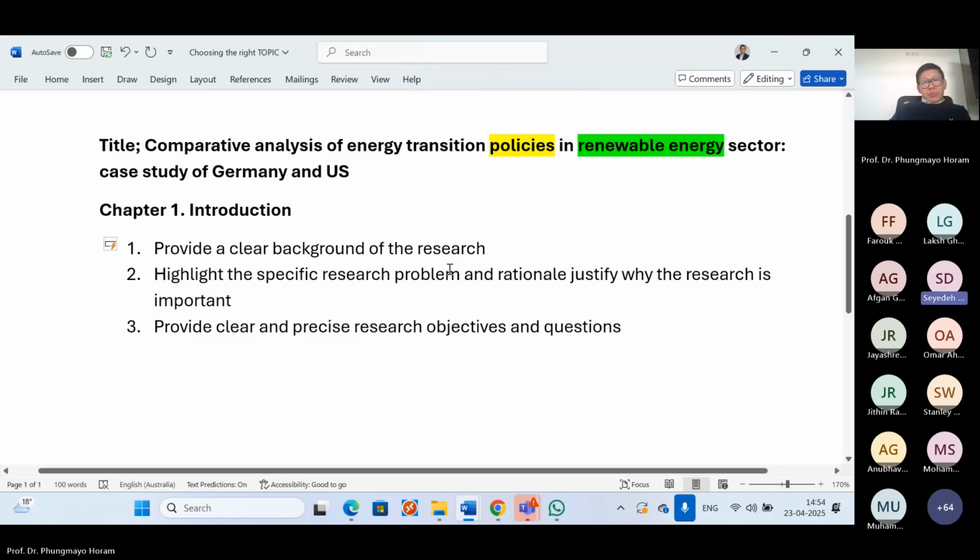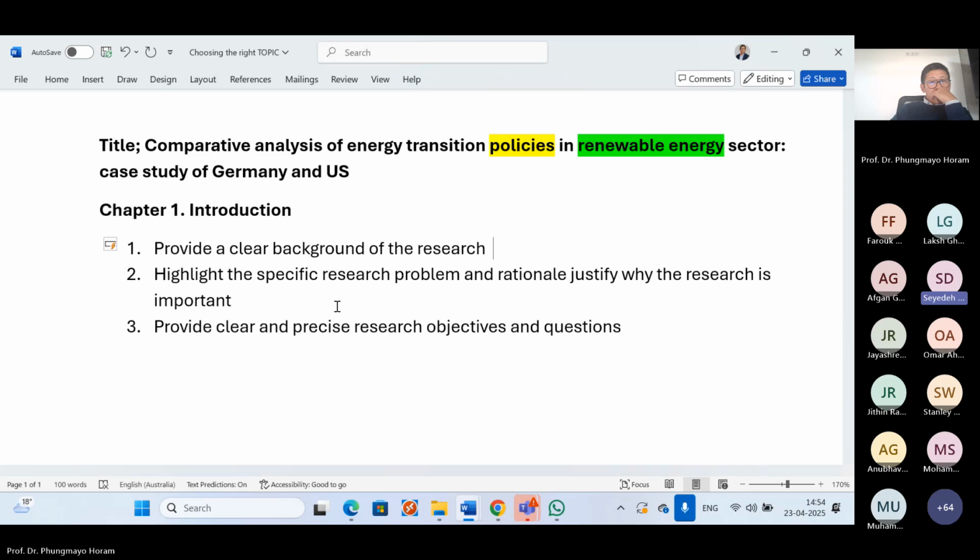It should cover the concept of energy transition policies and the importance of renewable energy in energy transition, and also a brief look at the existing situation in Germany and the US, maybe.